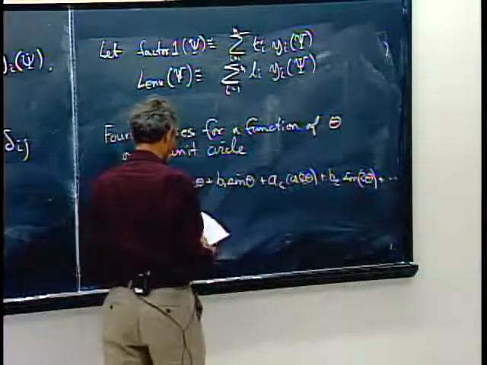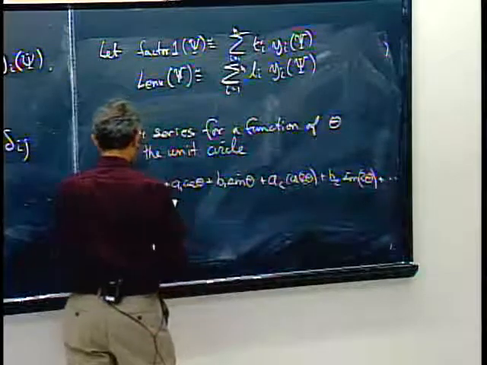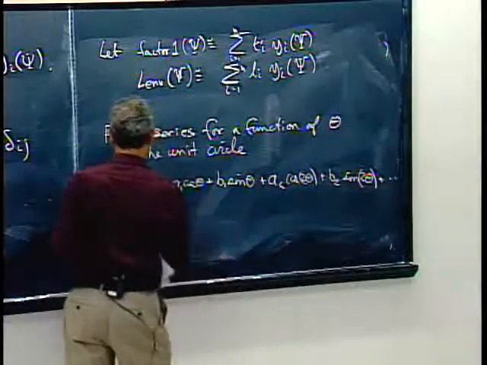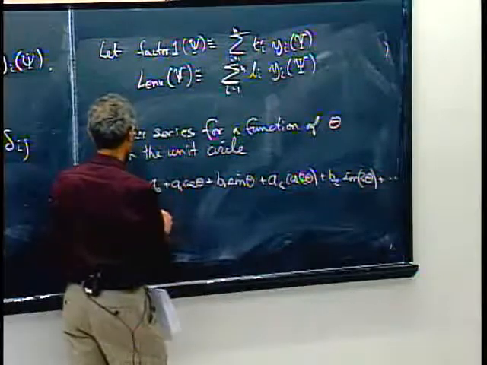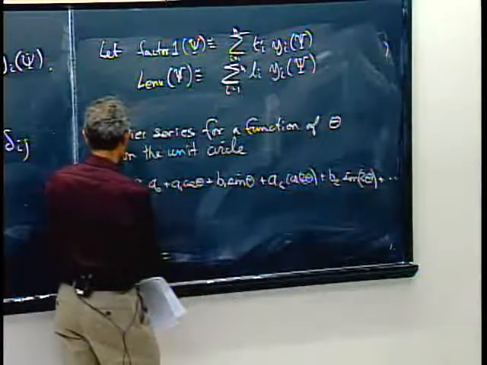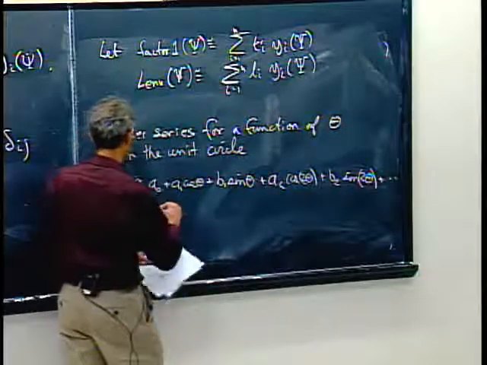Maybe I have a more concise representation here. I guess I don't. No, we'll just write it as, this is approximated by a finite series, or we can think of the infinite series converges.